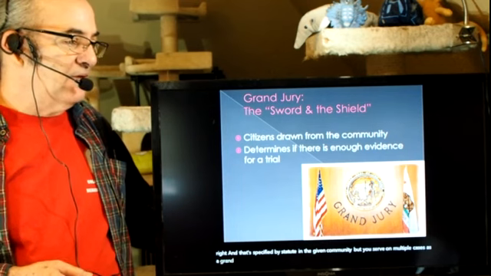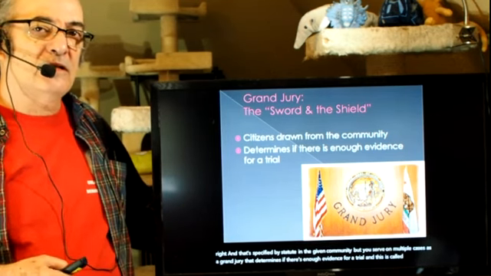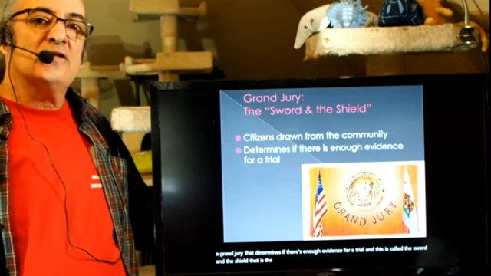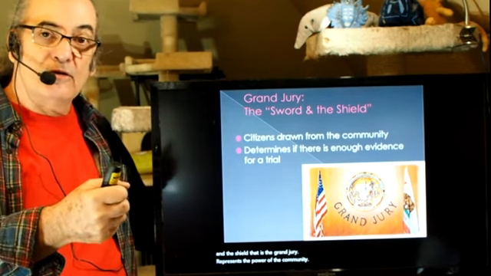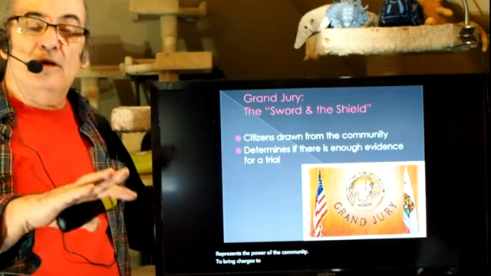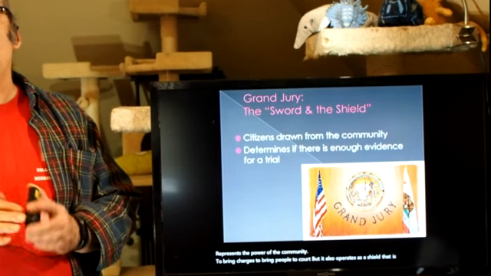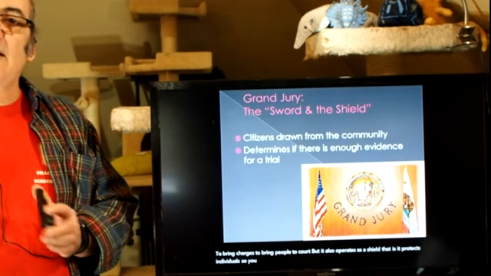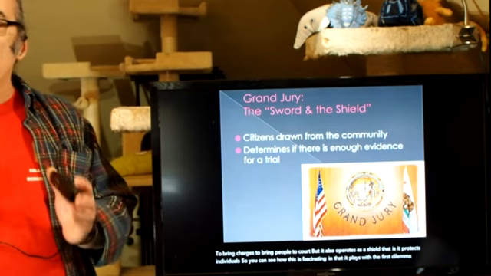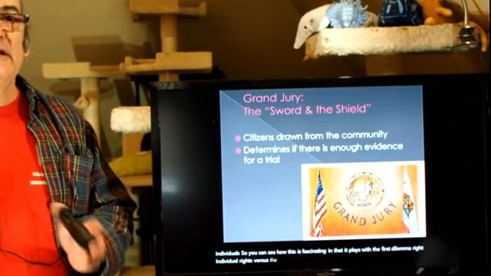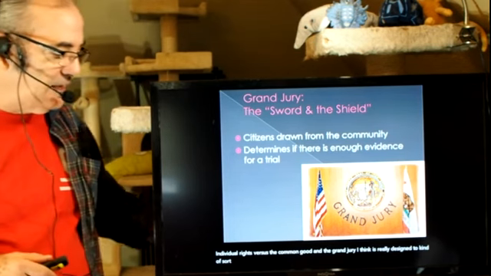It determines if there's enough evidence for a trial. And this is called the sword and the shield. That is, the grand jury represents the power of the community to bring charges, to bring people to court, but it also operates as a shield, that is, it protects individuals. So you can see how this is fascinating in that it plays with the first dilemma, right? Individual rights versus the common good, and the grand jury, I think, is really designed to kind of sort that argument out in specific cases.